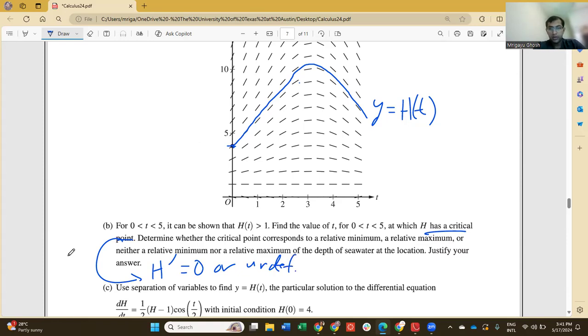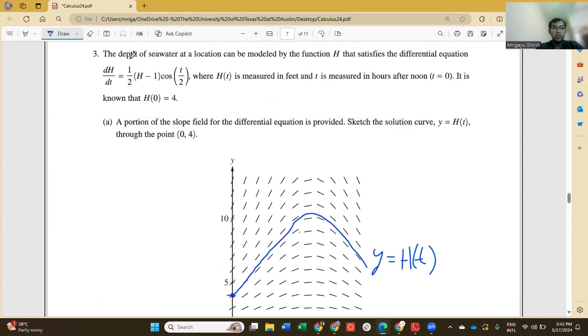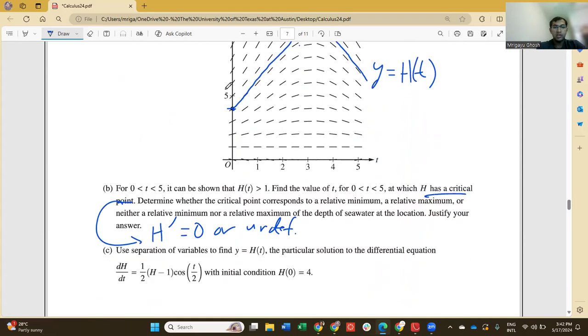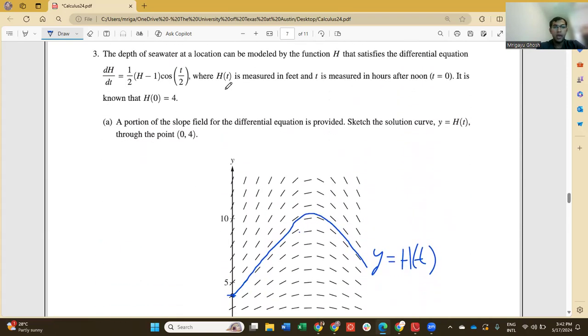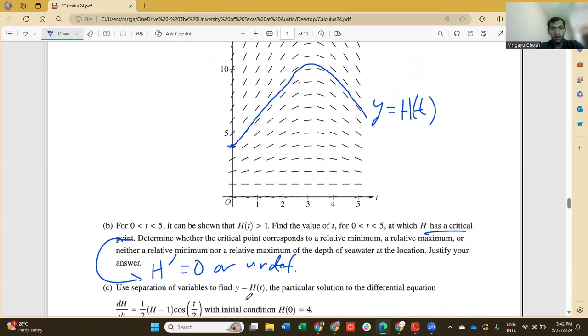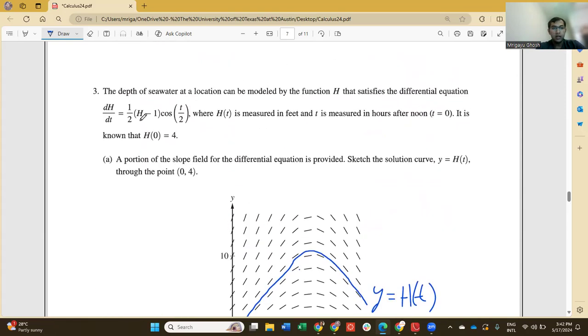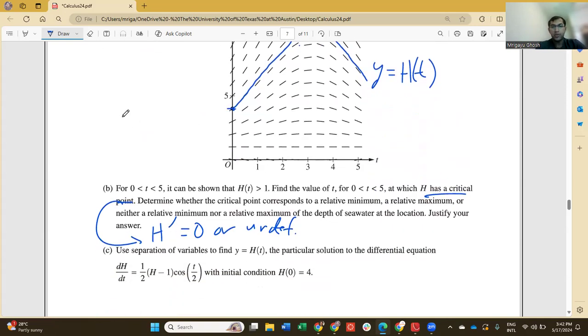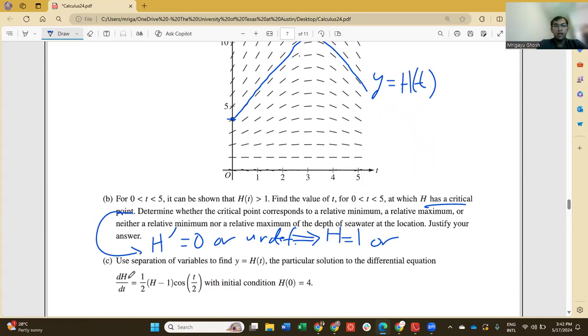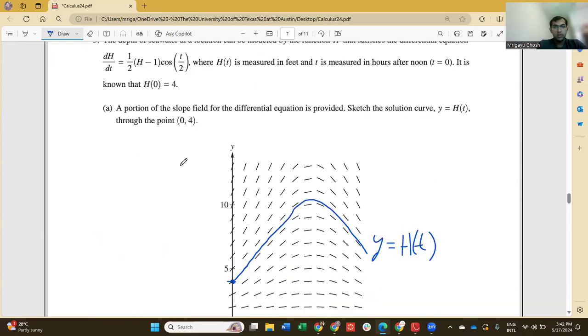So we're going to see when does h prime equal 0. So dh dt, if we set dh dt equal to 0, I'm not going to write all this out, but hopefully you can see, dh dt equals 0 would have to imply that h equals 1 from the zero product property, right? So this would imply that h equals 1 or that cosine of t over 2 is equal to 0.